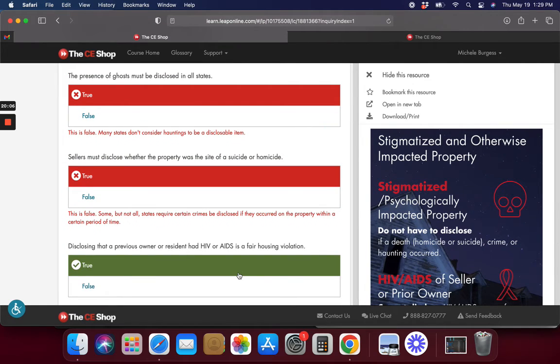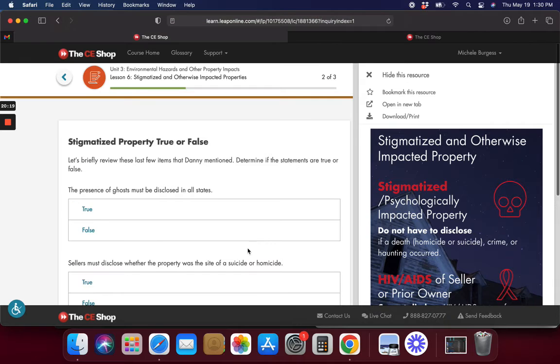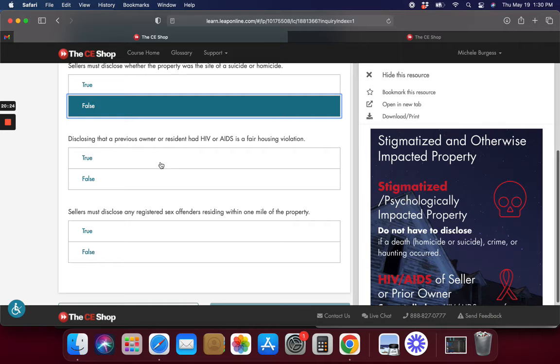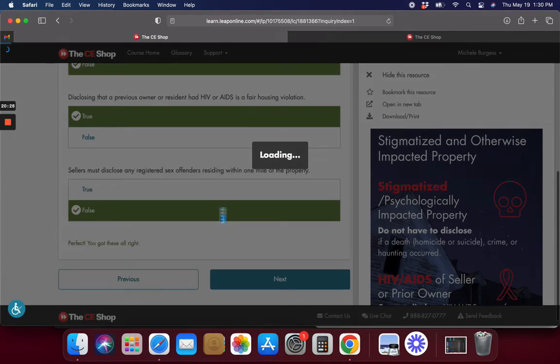They do not have to disclose suicides or homicides, really. In my state, I do believe we have to do that. Okay, the presence of ghosts, I wasn't sure about that. Nope. True, false. They don't really have to disclose that much, do they?